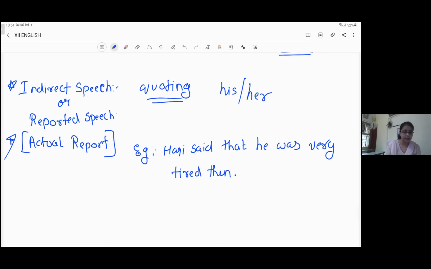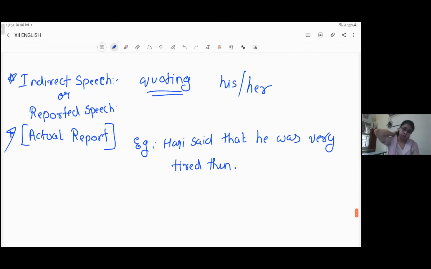Clear? Next. Now, you can write some rules also, guys, because rules are very important when you are changing from direct to indirect or indirect to direct. Clear? Now, see this.